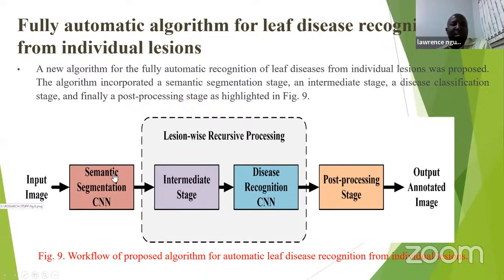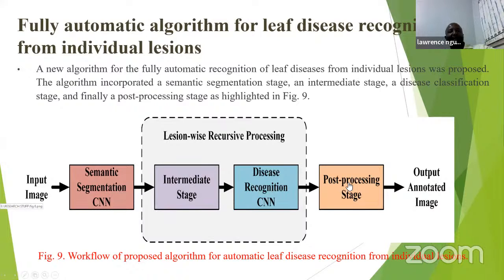From the resulting mask or pixel map, we isolate the individual lesions in the intermediate stage. These individual lesions are then fed one by one to the classifier network, for which we use Mobilenet. Mobilenet makes a decision as to which infection is on that lesion.